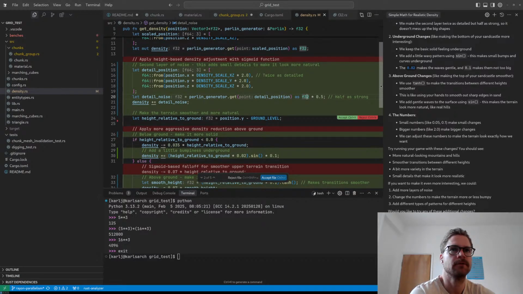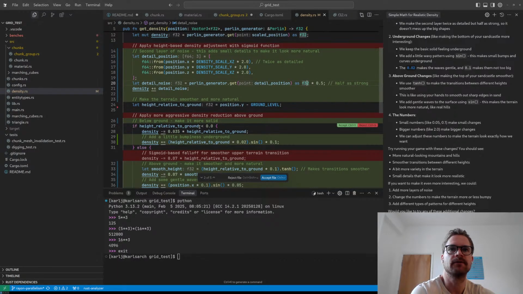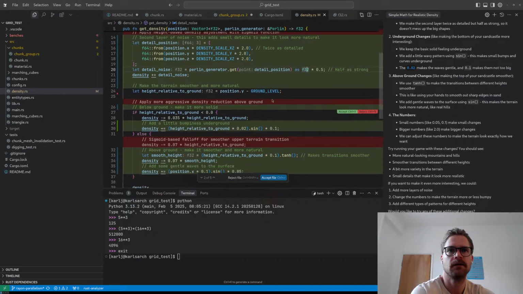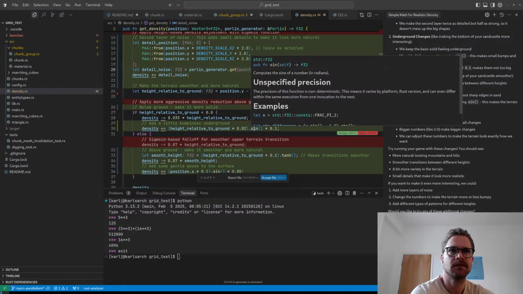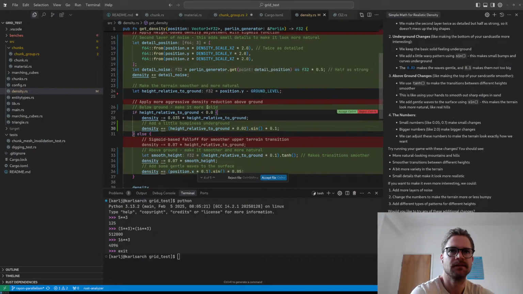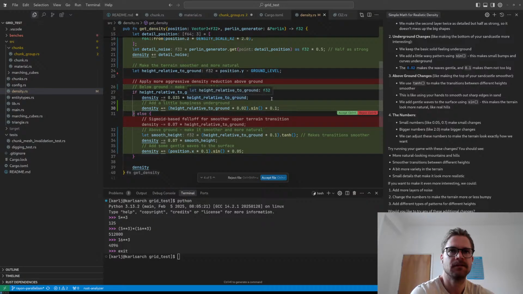In Godot, this was like the octaves or whatever that added details. Below ground, make it more solid. Wait, a little bumpiness. Make it smoother and more natural.